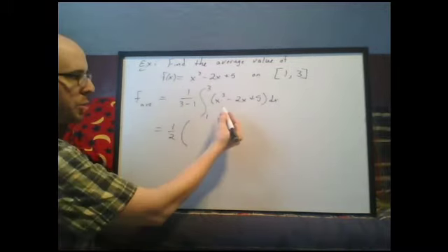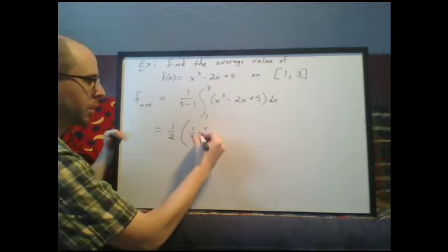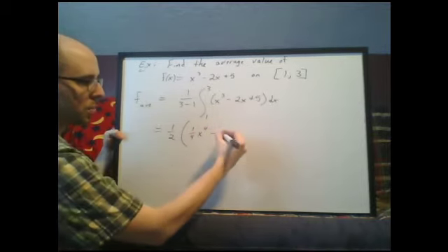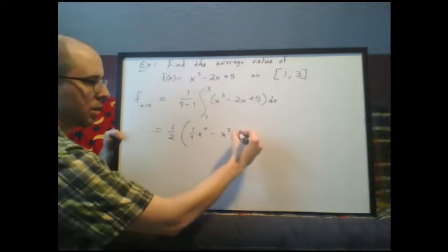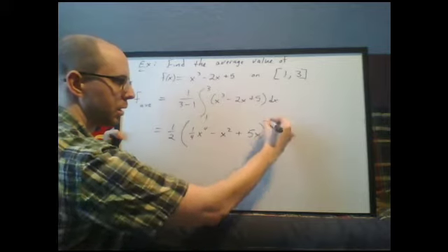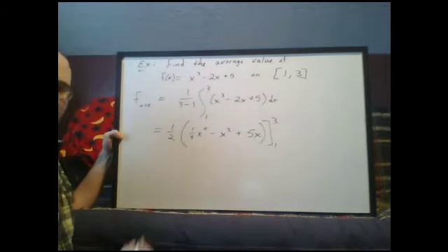So the antiderivative would be 1/4 x to the 4th minus 2 times 1/2 x squared, which would give me just x squared, plus 5 times x. And I plug in 3 and 1 and subtract.